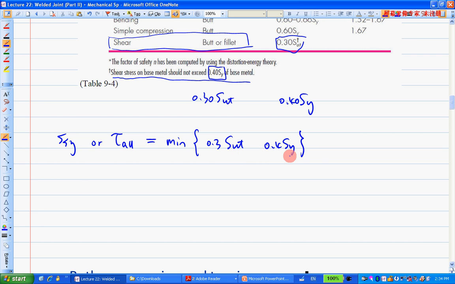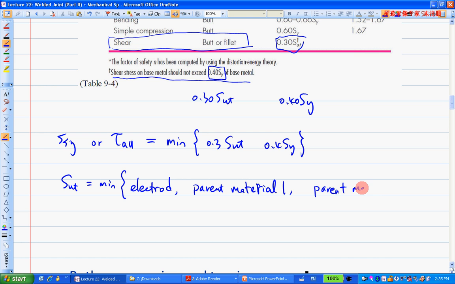Now for the SUT and SY: SUT is going to be the minimum value of the electrode and the parent material, so basically the base metal, maybe parent material 1 or parent material 2, maybe you have two parent materials.